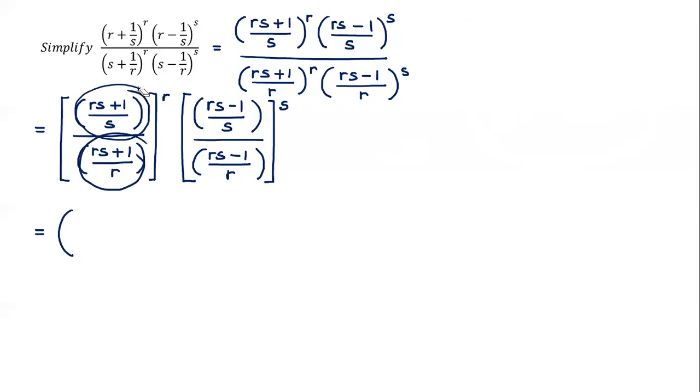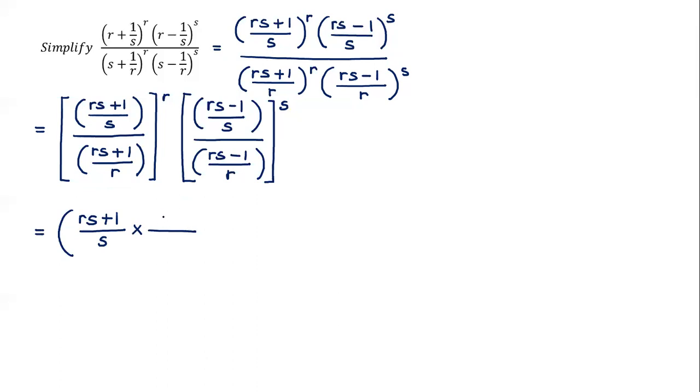So it's RS plus 1 over S. Can I change the divide into times? Divide can change into times, right? When you change the divide into times, this part will be inverted. You still remember?